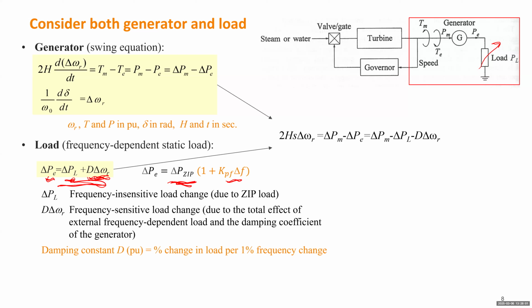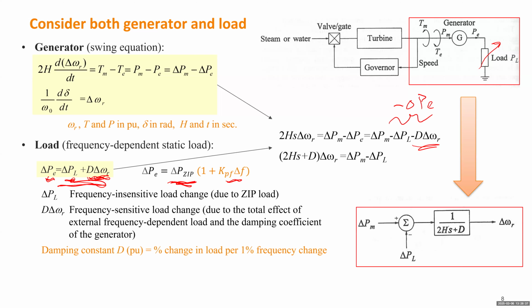So now we can generate either the differential equation or block diagram considering both generator and load. From the swing equation, we can have this equation. If we apply the Laplace transform on both sides, and we also add the frequency dependent item here, because those total give you the change on the electric power, right? Next, you move the items about delta omega r to the left hand side.